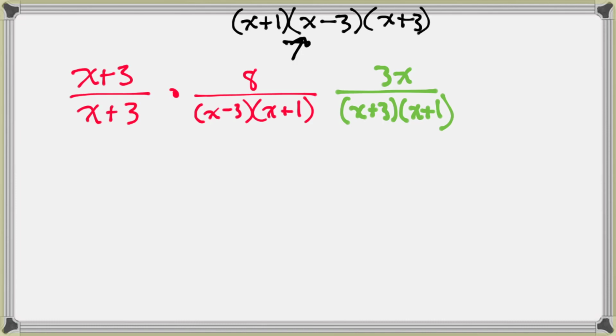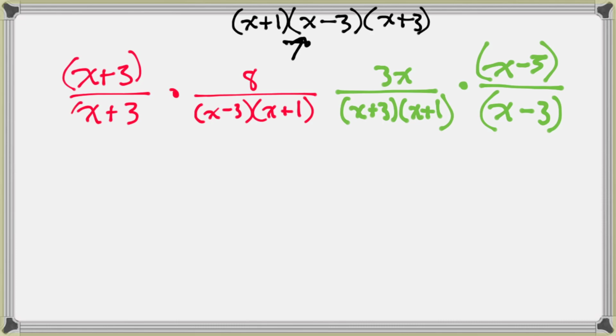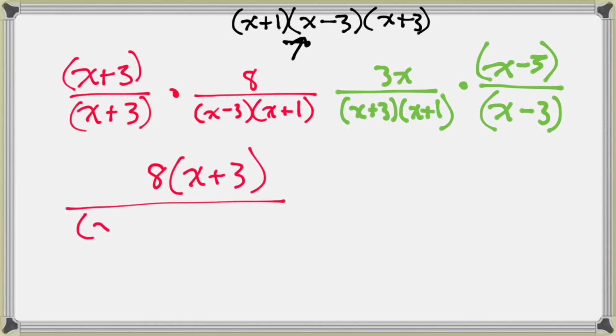How do I get the green one there? Looks like I'm missing an x minus 3. So that's what I'm going to do. I'm going to multiply both the top and the bottom by those factors. For the red one, that'll give me 8 times x plus 3 over x plus 3 times x minus 3 times x plus 1.